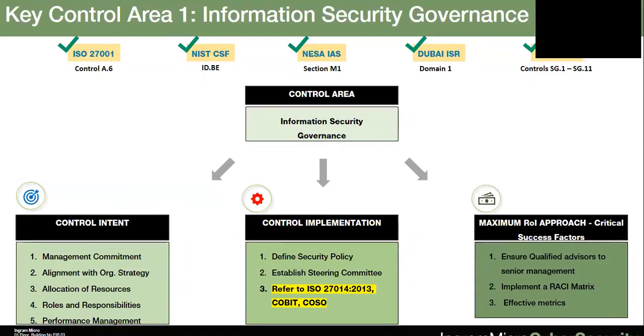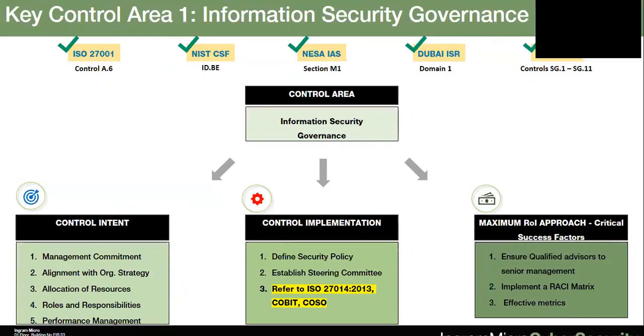We also need to develop a RACI matrix to ensure it is clear who will be responsible, who will be accountable, and who will be consulted or informed. This is a very important approach of security governance. The correct use of metrics will go a long way in tracking the effectiveness of the governance framework.